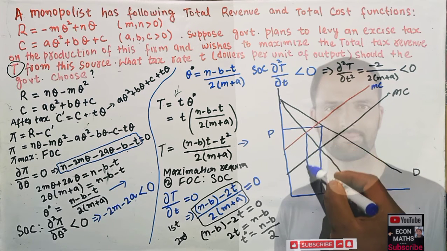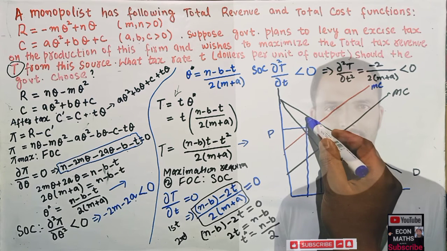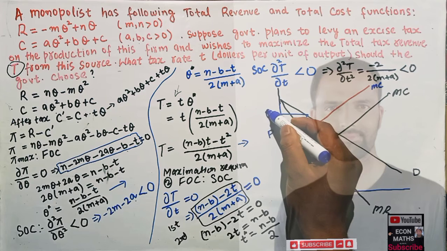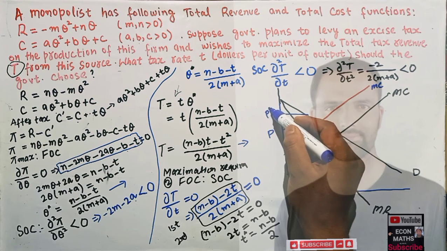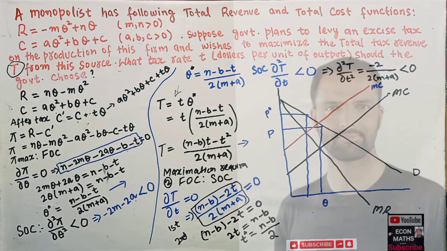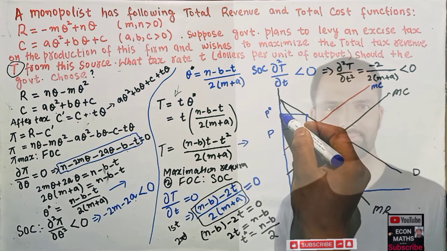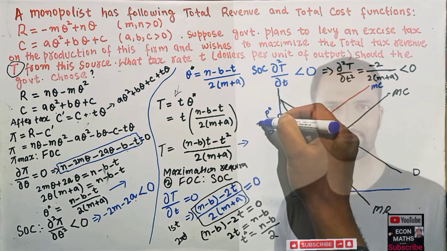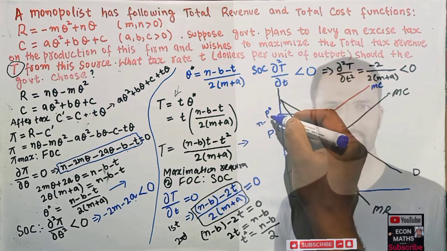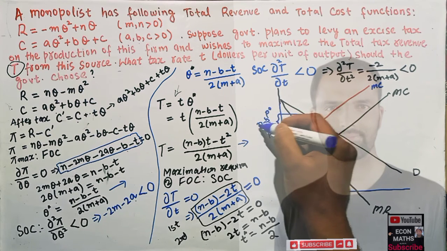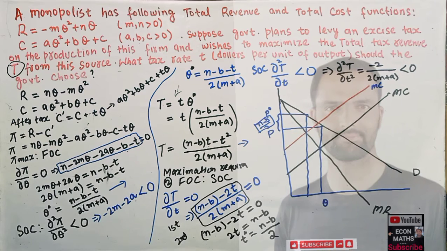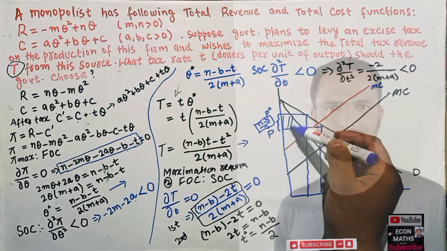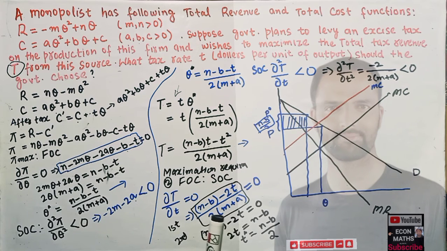At this point it is being equated, so he will be selling at a price, let us say p star. And what is the difference between p and p star? This is our (n minus b) upon 2. This is the tax rate that will maximize the government's total tax revenue.